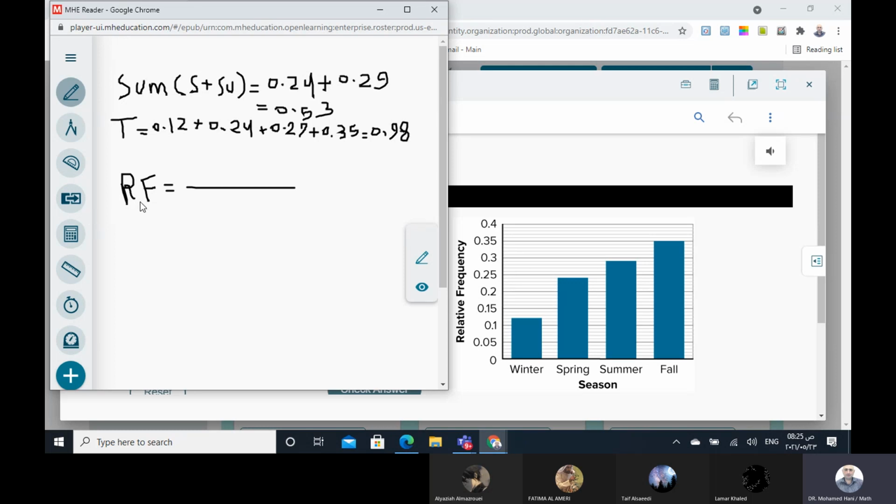Then the relative frequency equals 0.53 divided by 0.98.